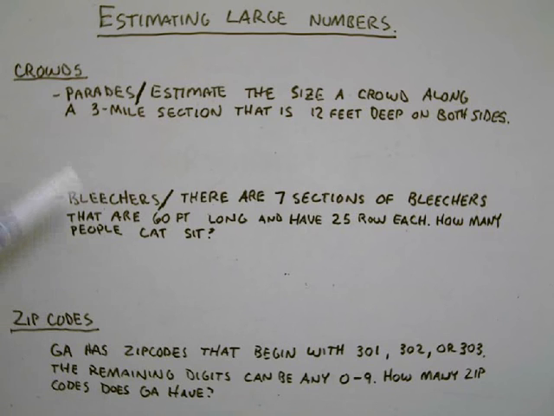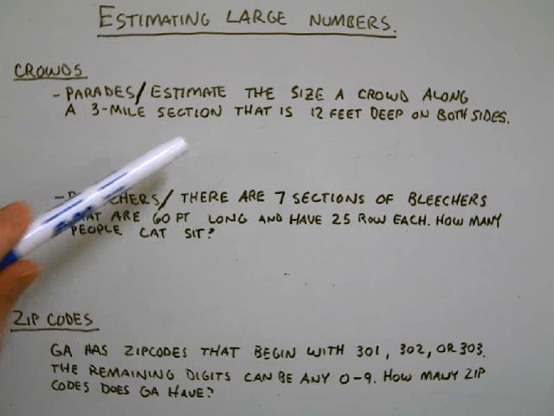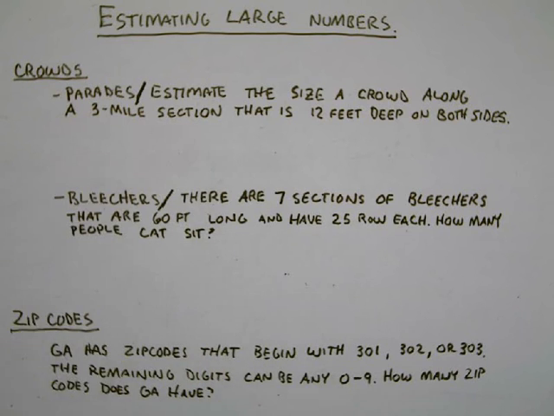We also did estimating crowds in bleachers, where the people lined up a little differently, so we used a different rule of thumb for bleachers than for just mobs of crowds. We also estimated large numbers given conditions on things such as social security numbers and zip codes.